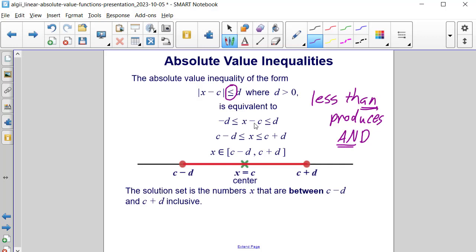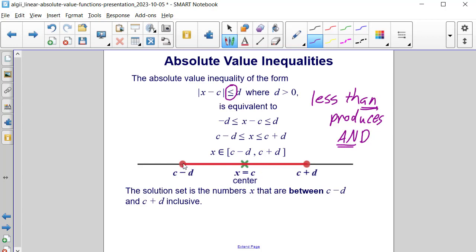And then when c is added to each side of the inequality, you'll end up getting c minus d is less than or equal to x, which is then less than or equal to c plus d. You could also write it as x is contained in the set of numbers between c minus d and c plus d.